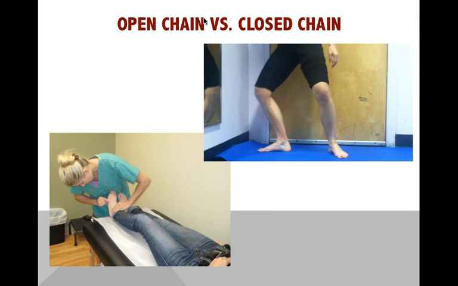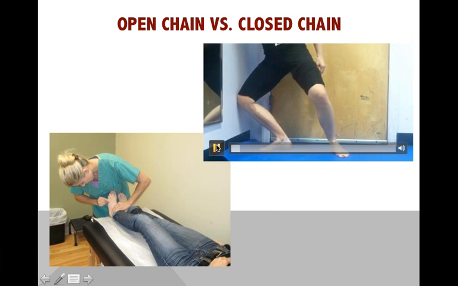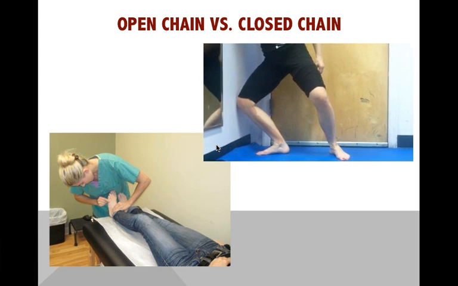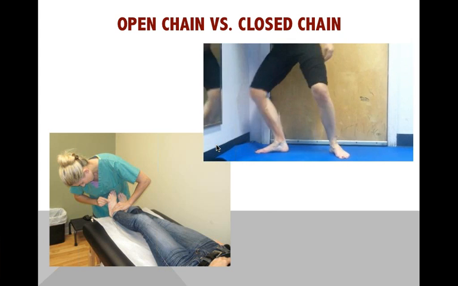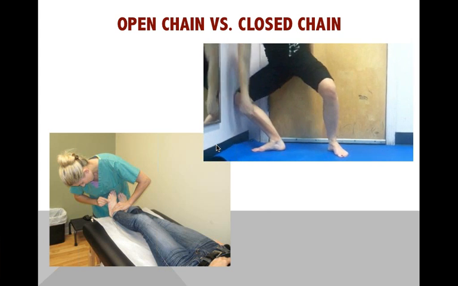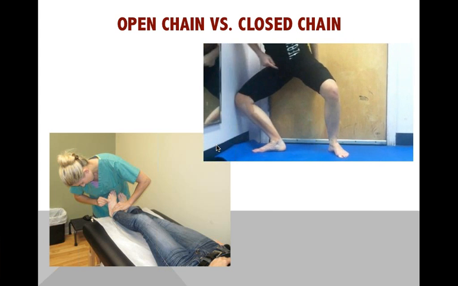You want the heel to not lift as they're flexing. So again, you're trying to get that knee to touch the wall, getting maximum ankle joint dorsiflexion, and you want that calcaneus to stay on the floor. That would be a functional closed chain ankle joint dorsiflexion.